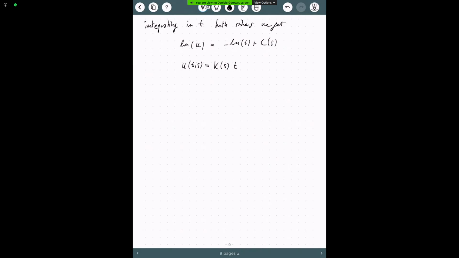This constant, I mean, we don't care about the signs, so this can be embedded into k of s. So this is the final form of our solution, that's a function of s times t. It's just algebraic manipulation here. I haven't done anything especially deep.